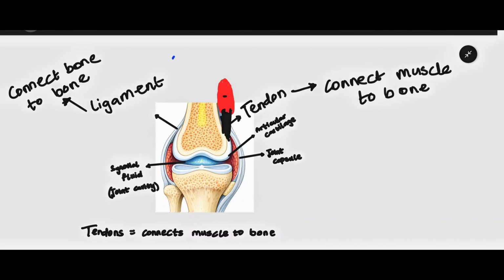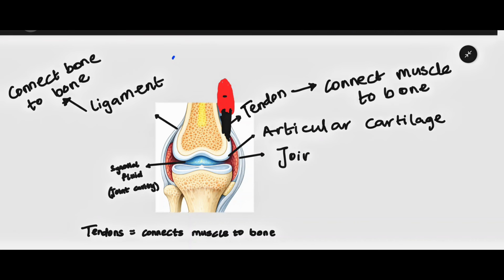Now we have something at the end of bones which we call cartilage or articular cartilage, and that's mainly there to reduce friction between the bones, and it helps to absorb shock as well. We also have these two structures here.